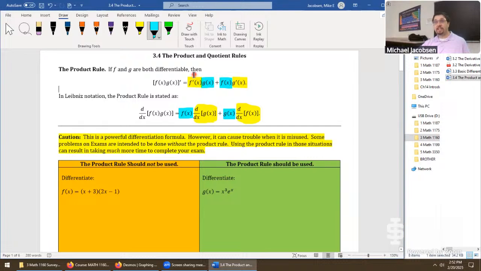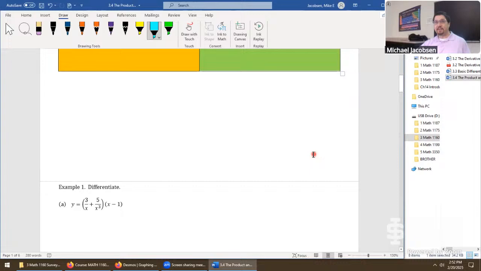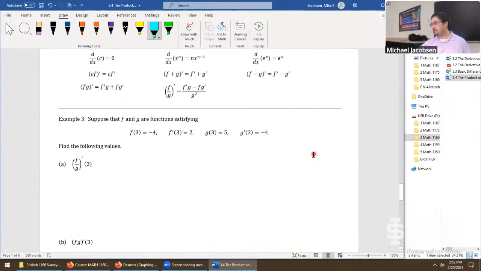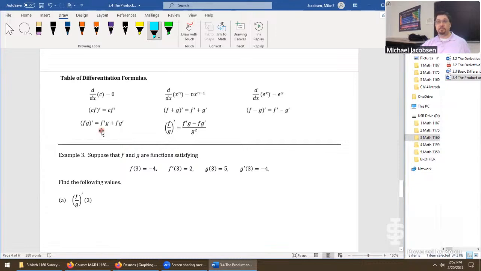I think this is convenient in a real sense, and let me give you a preview of why I think it's a good idea to go f prime g, and then f g prime. Scrolling down the notes just for a moment. When we have both the product rule, this one, and the quotient rule, this one we're going to take a look into next, getting the numerator right can be finicky, actually.